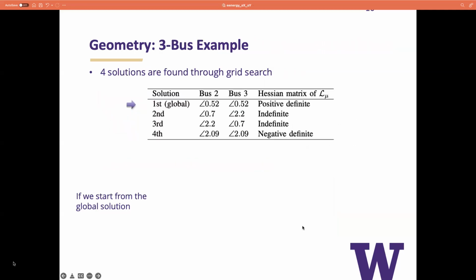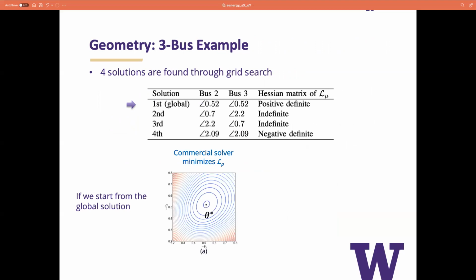So let's start from the global solution first. Suppose we start both the nonlinear programming solver and our proposed algorithm from the global solution. The nonlinear programming solver is actually minimizing a kind of penalized problem. If we plot the contour of the penalized problem, it's shaped like a valley, and the global solution theta star is located at the bottom of this valley. So starting at theta star, the solver will terminate at theta star.